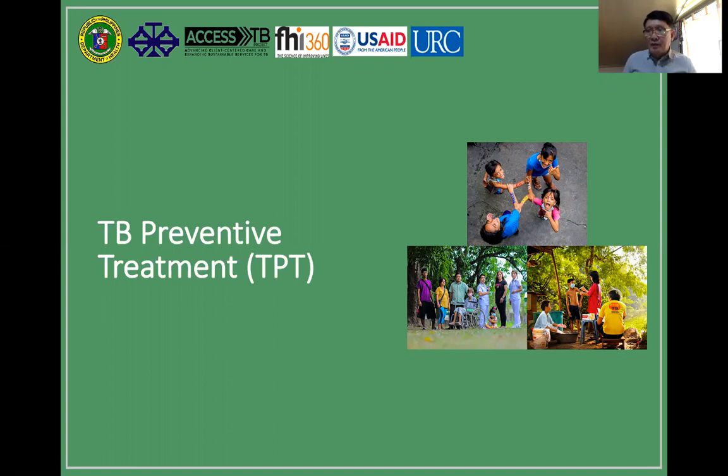But in the revised edition, the name was changed to TPT, the TB preventive treatment. This time with 2 drugs and a shorter duration of treatment, only 3 months. So this is treatment for LTBI in a sense, and at the same time a preventive treatment for those at high risk of developing TB disease.